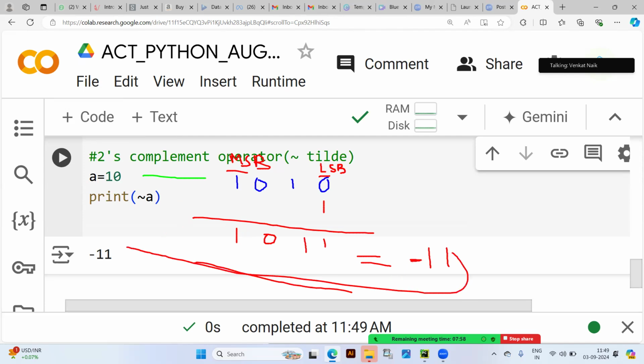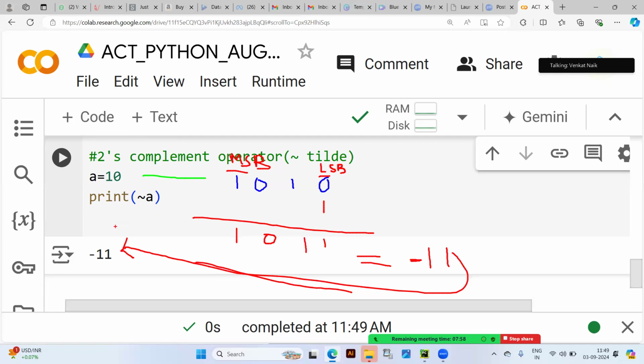This is minus 11. Are you clear? This is the purpose of the 2's complement operator, called the tilde operator. Swarup, are you clear? Yes, sir. This is how things would be happening. So with this, all the operators are finished.